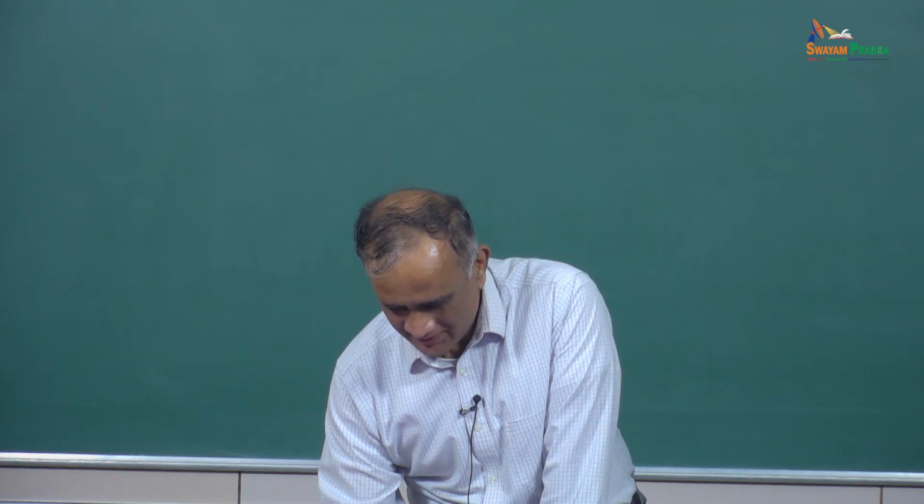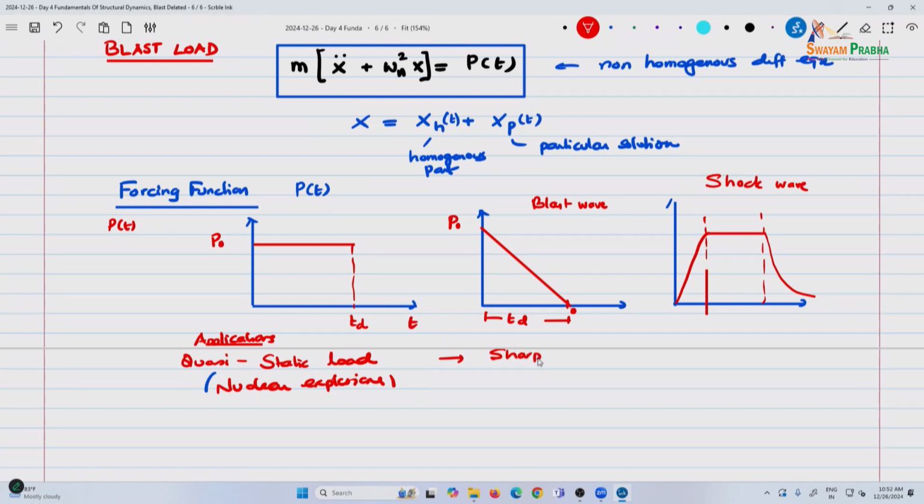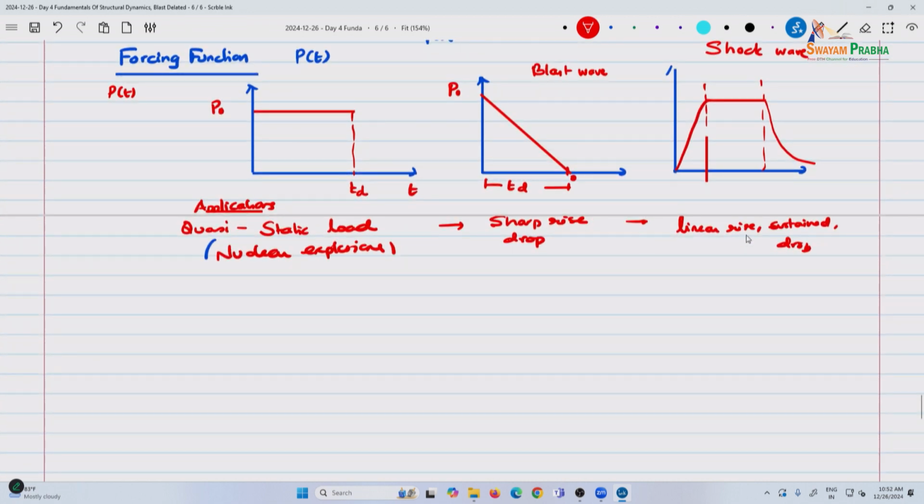So this is a sharp rise and a drop. Here you have a linear rise, then sustained, and drop. And the drop you can either do, once you start putting exponential functions, so how will you represent P of t?